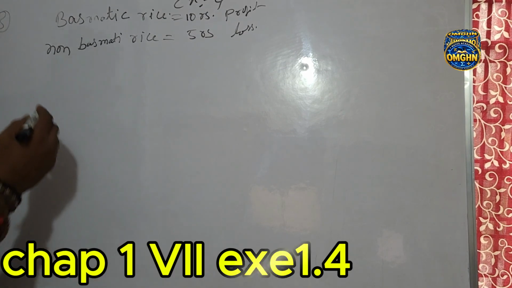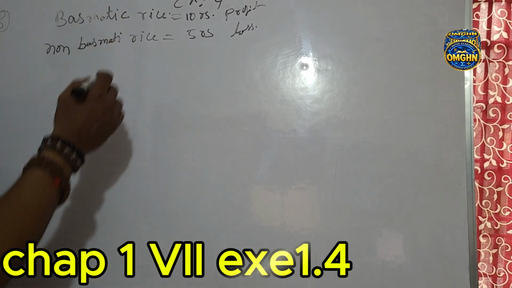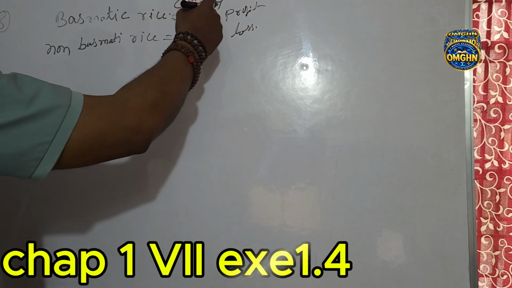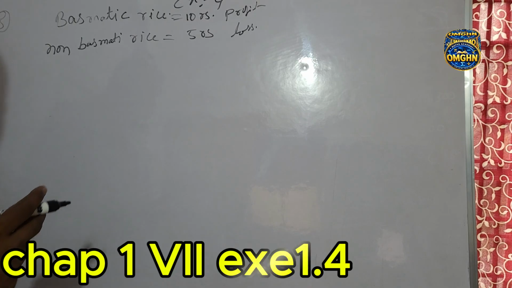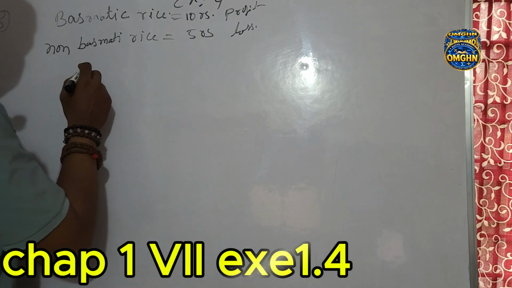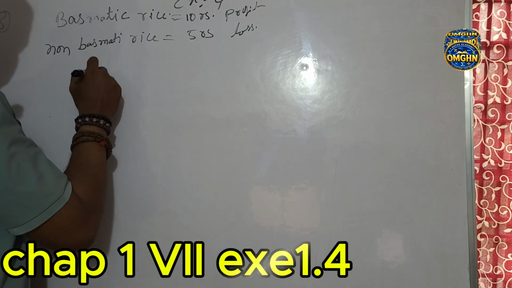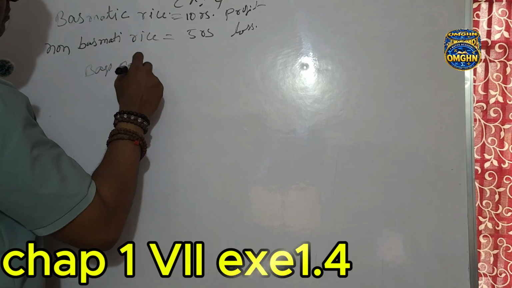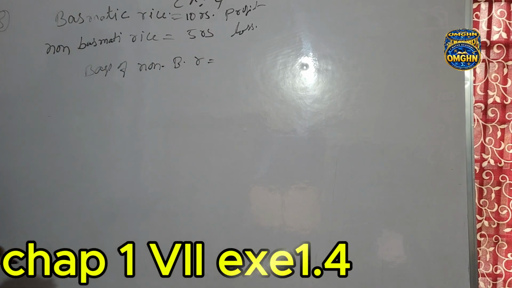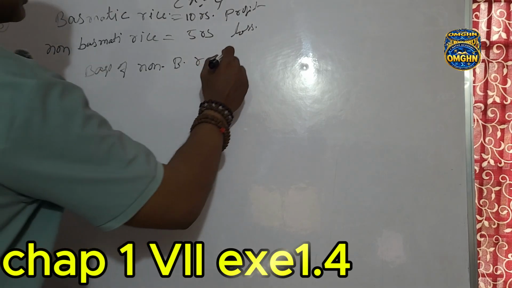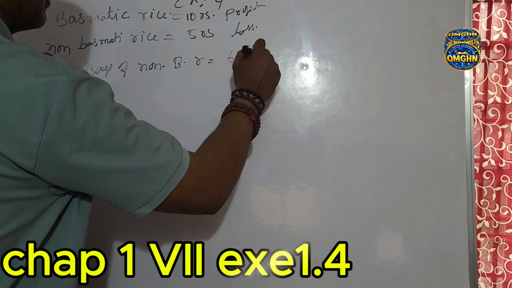So what is the sum? A merchant, same: basmati rice profit is 10 rupees, non-basmati rice loss is 5 rupees. So he is selling bags of non-basmati rice equal to how much? 6,400, as given in the question.